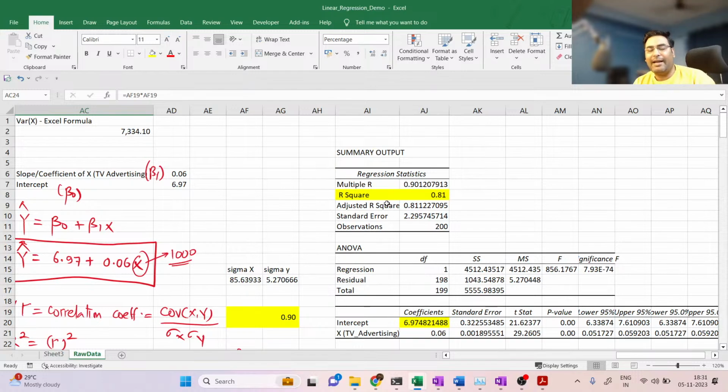It keeps adding the variation to the overall output, and with more input variables coming in, R square can be a little inflated. That's where you have to adjust it to get the right explainability metric, and for that you will be using adjusted R square. But in this case, it is only having one variable. You will see that your numbers are almost same. See, there's no difference at all.